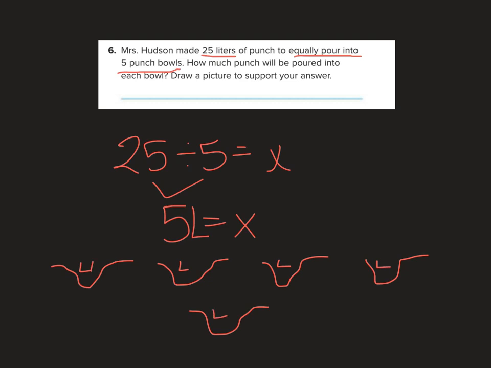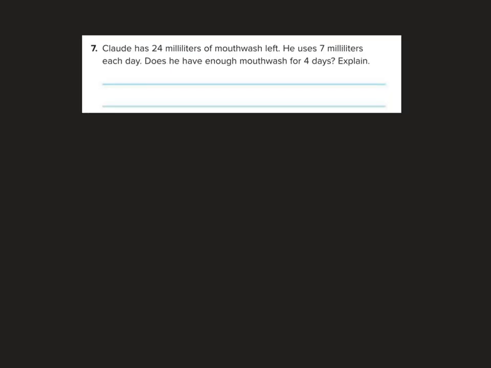There's 5, 6, 7, 8, 9, 10, 11, 12, up to 25. Okay, so I took my 25 liters, divided it into 5 punch bowls, and I have 5 liters in each punch bowl. Okay, here we go.